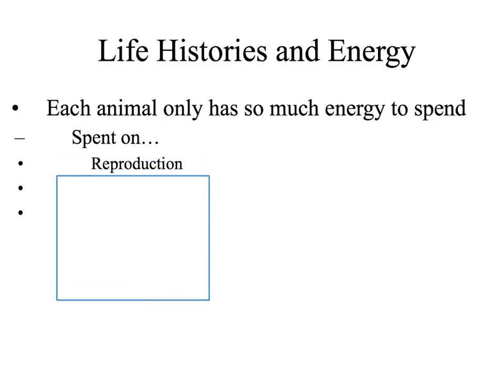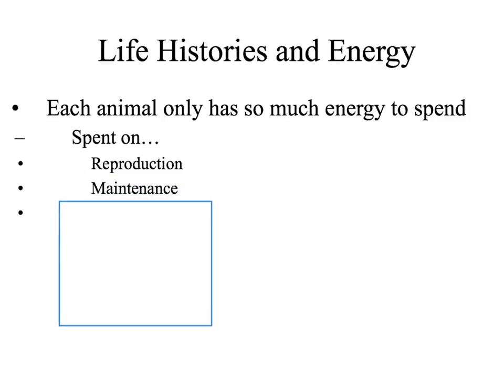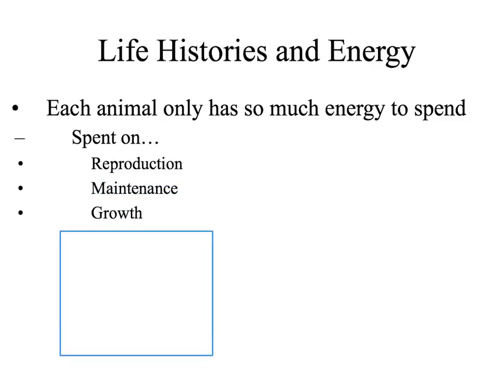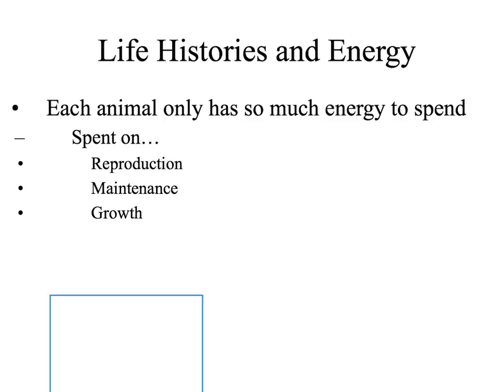In general, energy can be spent on reproduction, maintenance, or in growth. Again, organisms have to divide energy between these three categories, and life histories show us different strategies, particularly for reproduction and how energy is divided over time or spent all at one time.